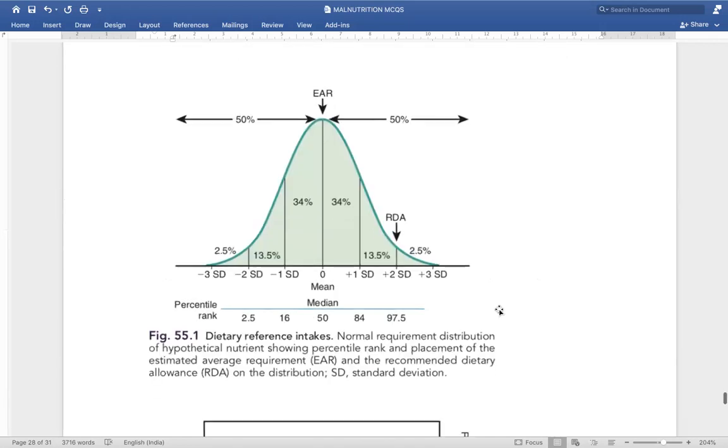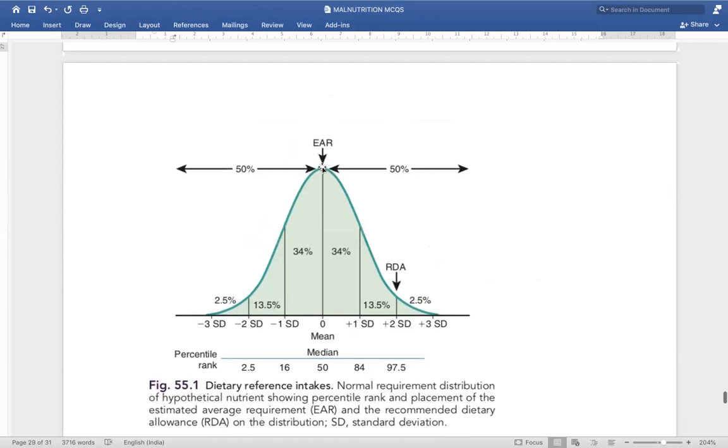So this is a graph that shows what happens if we are giving the estimated average requirement. Suppose, for example, the vitamin A estimated average requirement is 400 international units and the RDA is 800 international units. Just imagine it's a number.